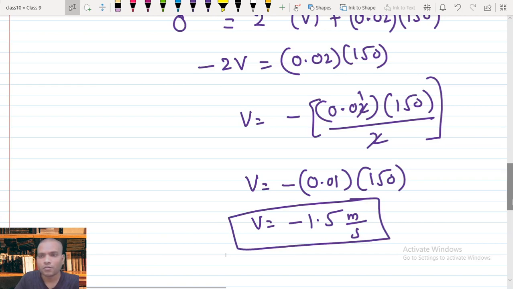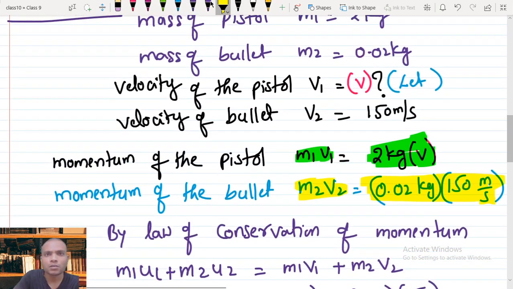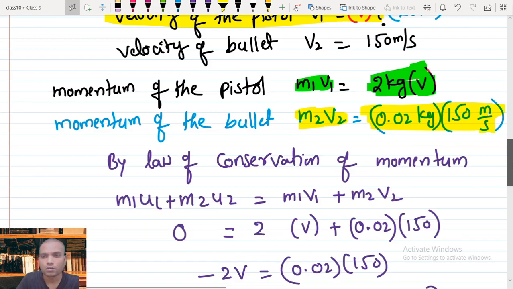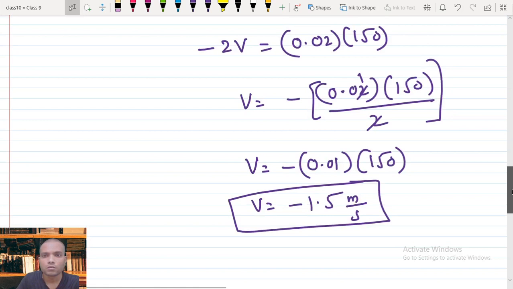So this v, which we took, is the velocity of the pistol. This is the recoil velocity of the pistol.